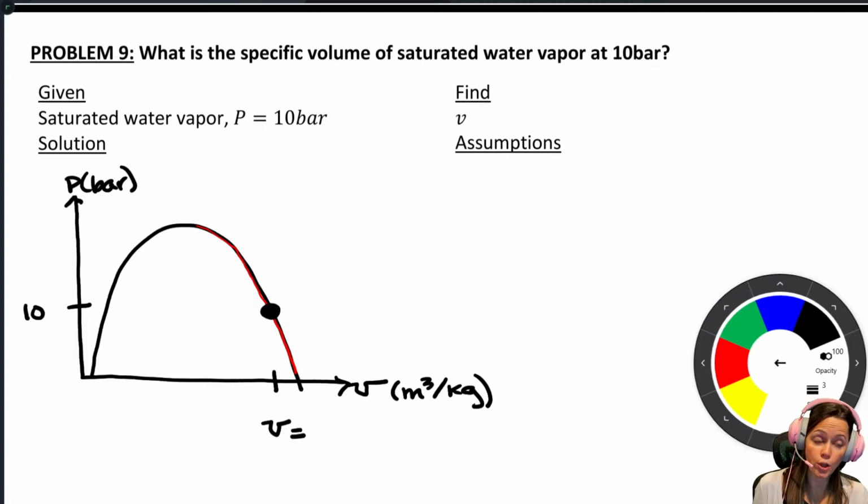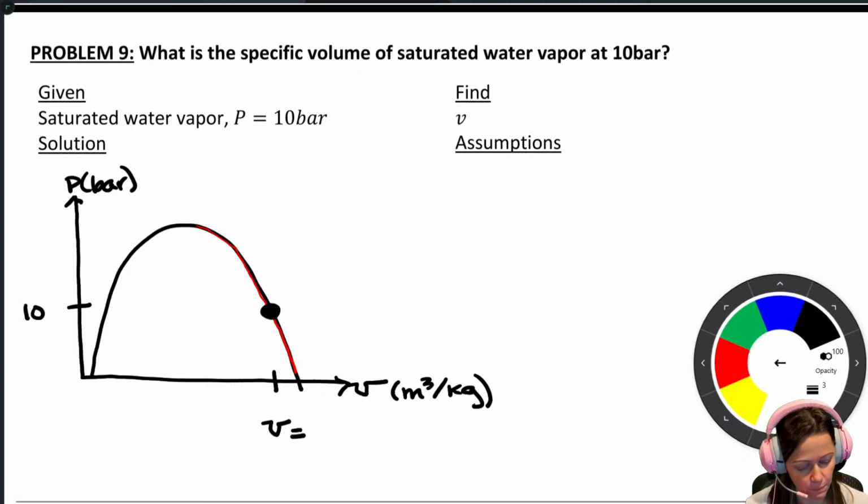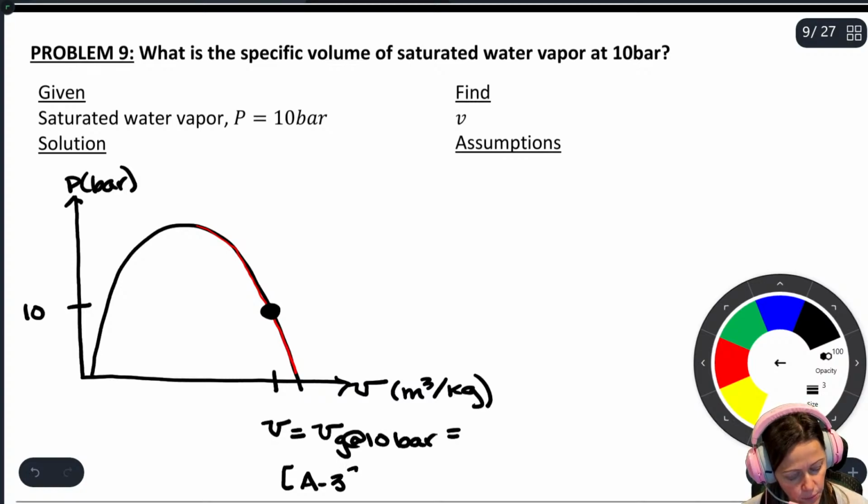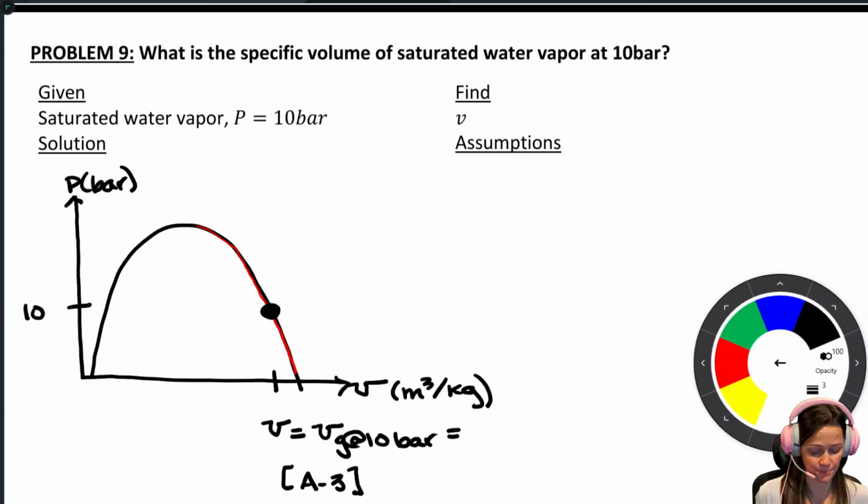And so when I go and look at my saturated tables, because that's where the information is going to be, because it is saturated. It's saturated vapor, but it's saturated. It's either on the dome or under the dome. But this is going to be our V sub G at 10 bar. And I'm going to be looking at table A3, the saturated tables organized by pressure.